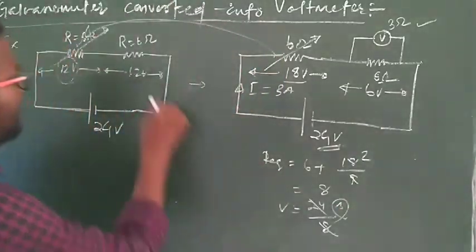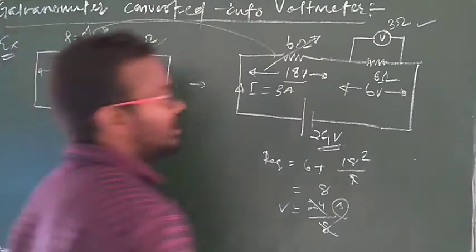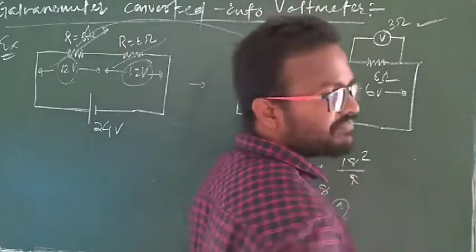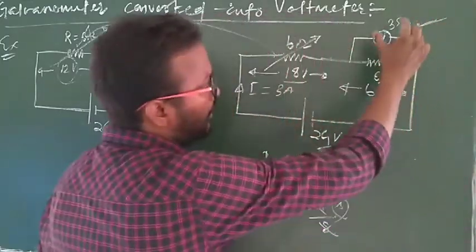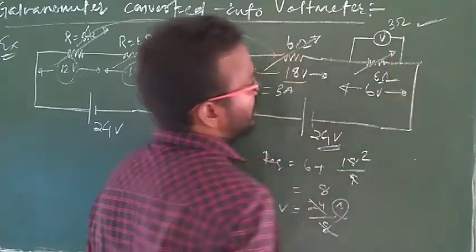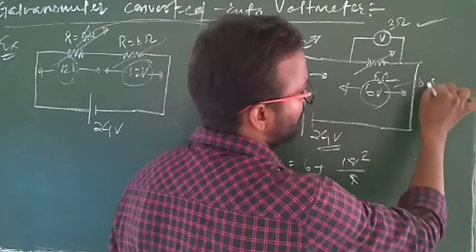Clear? That means initially the potential across the second resistor was 12 volt, and after connecting the voltmeter of resistance 3 ohm, the potential across the second 6 ohm resistor is 6 volt. That means 50% loss.